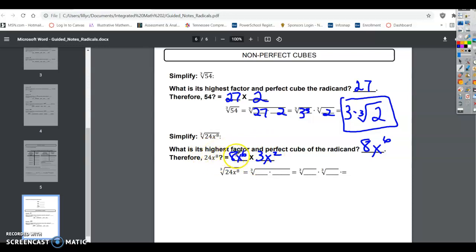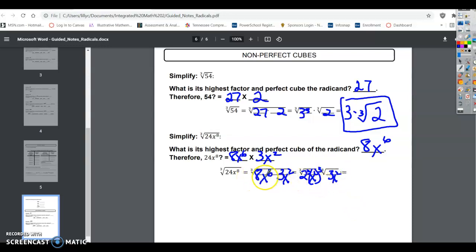So 8x to the 6th times 3x squared, and then 8 is 2 cubed, and x to the 6th is x squared cubed, and then 3x squared.